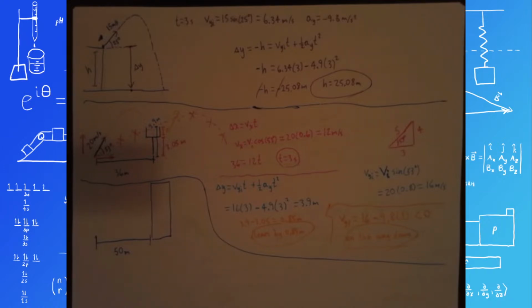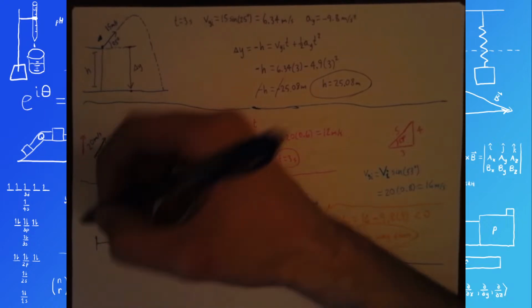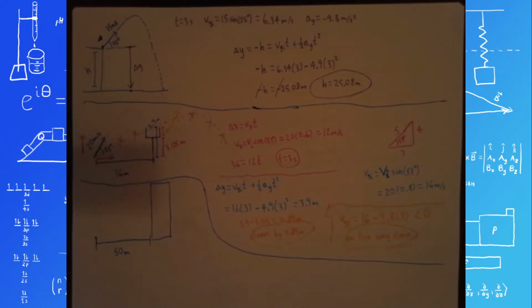Directs a stream of water from a ground level fire hose at an angle of 30 degrees above the horizontal, if the speed of the stream as it leaves the hose is 40 meters per second. At what height will the stream of water strike the building? So 30-degree angle. Let me do this in purple.